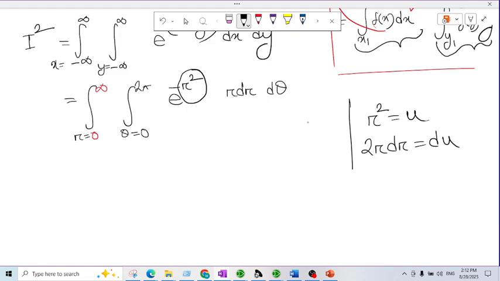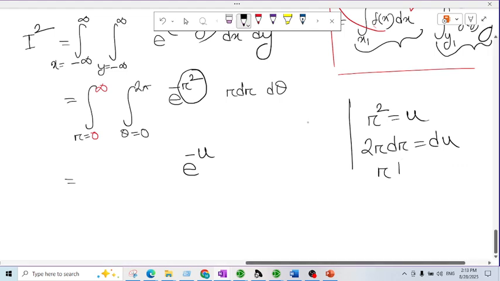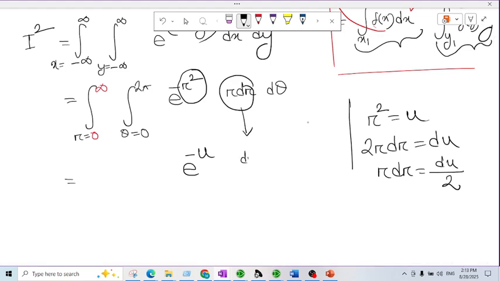Let's put that value here. Instead of r square we write u, and then you see you have r dr, and 2r dr is du, that means r dr is equal to du by 2. So instead of r dr, let me write here half du.